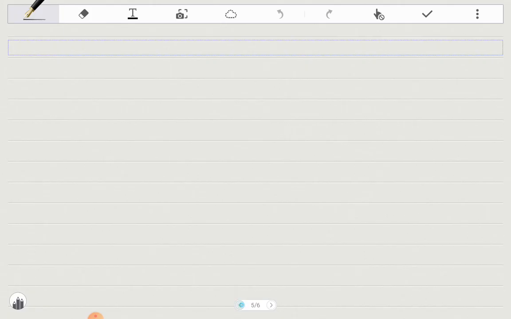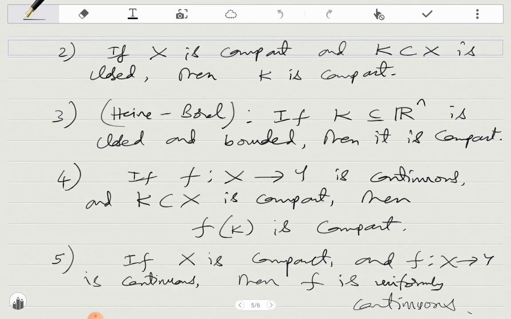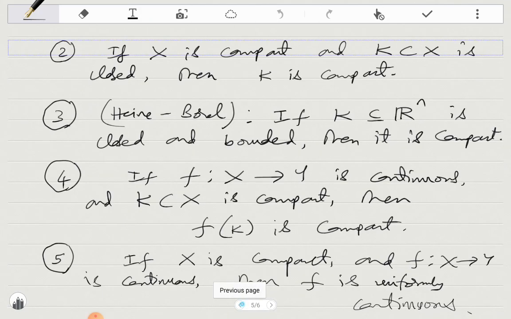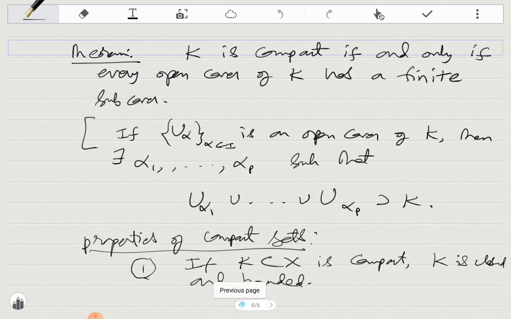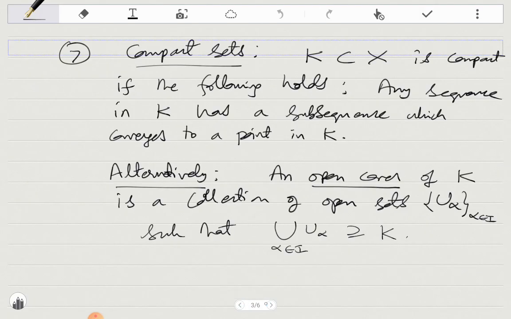Now let me just change notation slightly, so I'll use circles to denote these. And in my list of concepts and definitions, so this was 7.